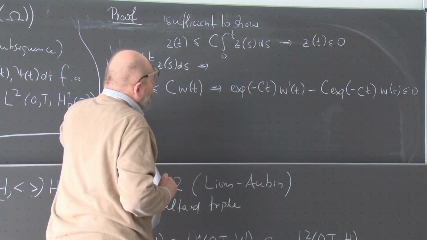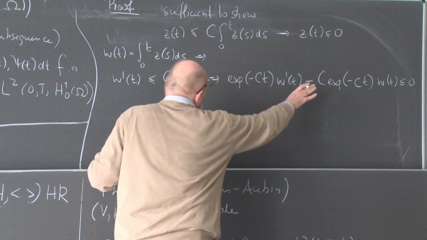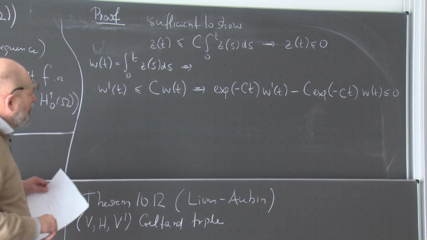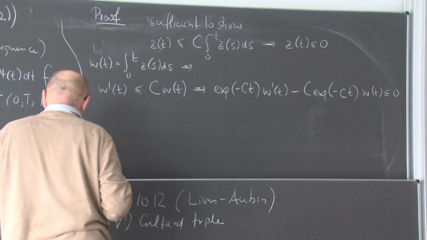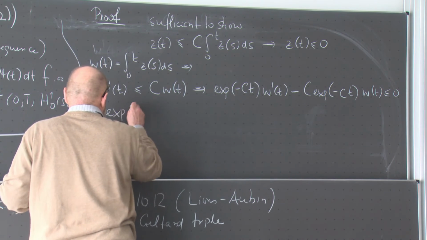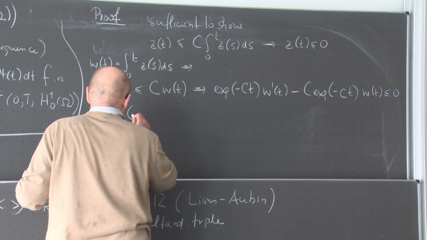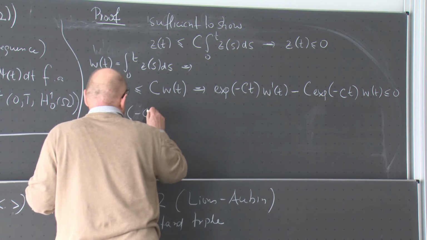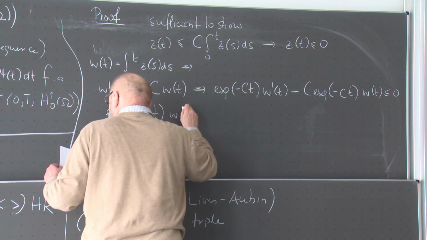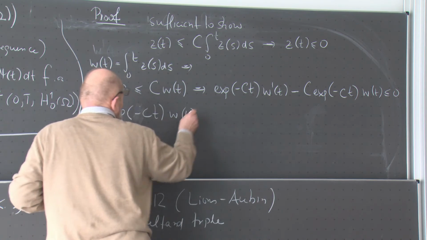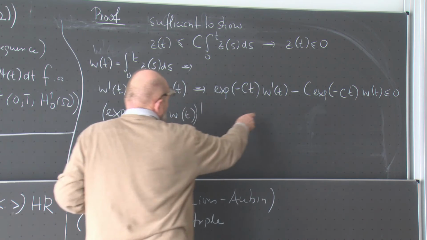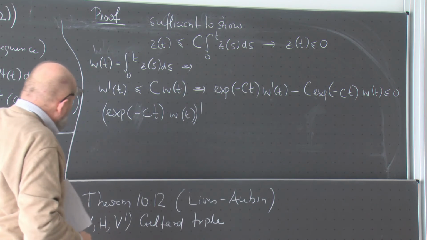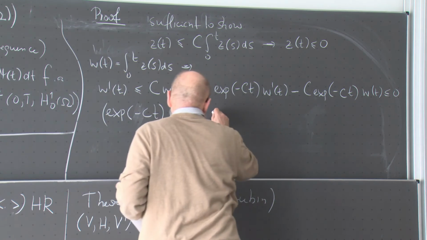So why does this help me? Because what I've basically done is multiply by an integrating factor, because what I have now on the left-hand side is just the derivative of e to the minus ct w of t. If I put the derivative on the second term, I get this. If I put it on the first term, I get this. And this is smaller or equal to 0.